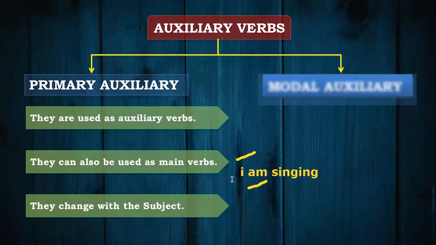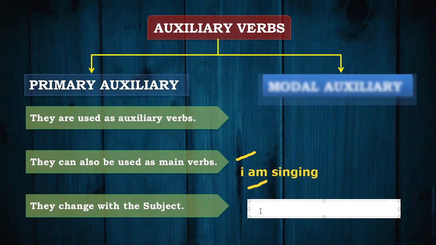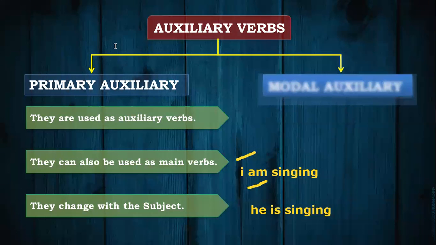Wait a minute. When we change the subject, the verb is also going to change. How? Let's take a look. If I say he, it will become is. So the sentence becomes he is singing.